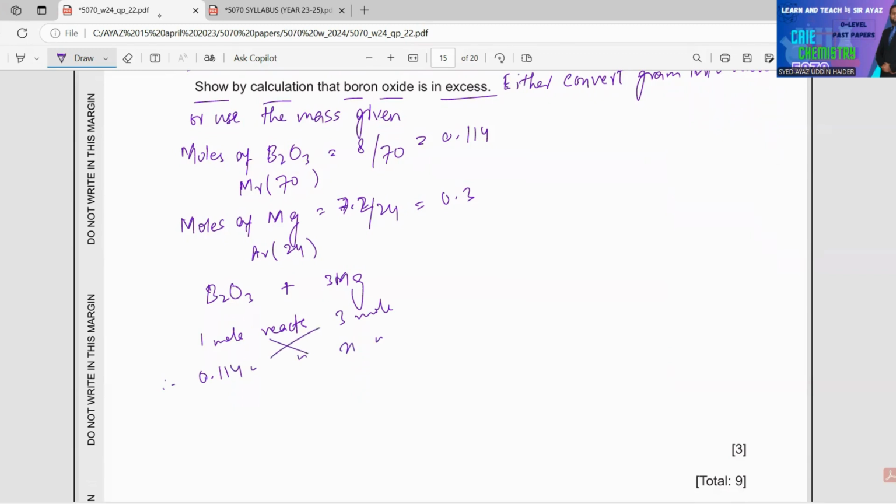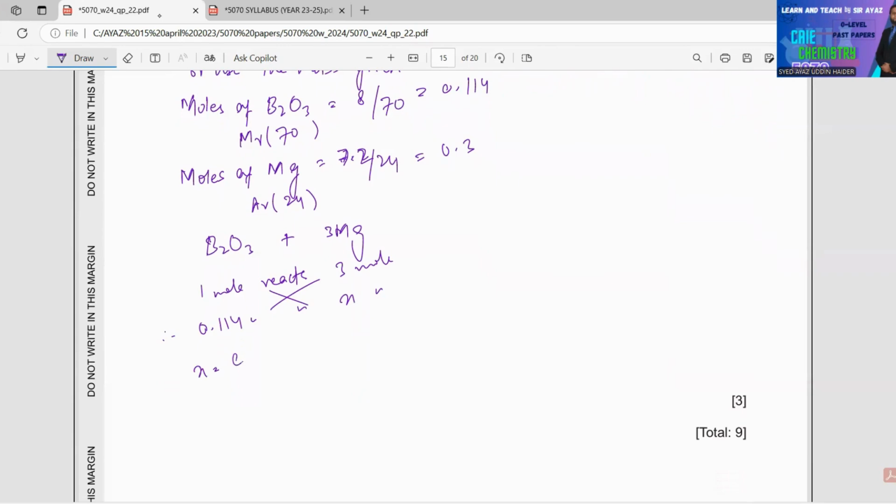Do the cross multiplication: X equals 3 multiplied by 0.114, and the answer will be 0.342 moles of Mg. Now compare these moles with the moles of magnesium.